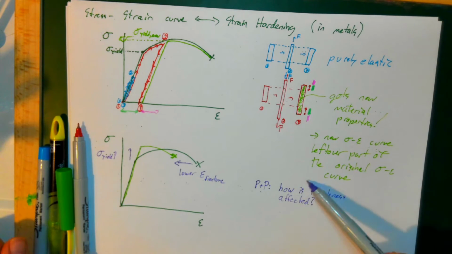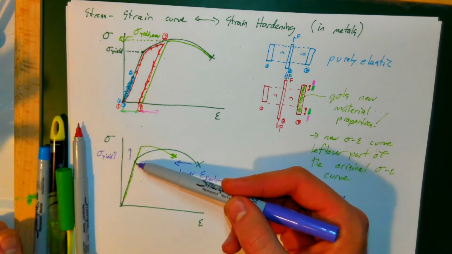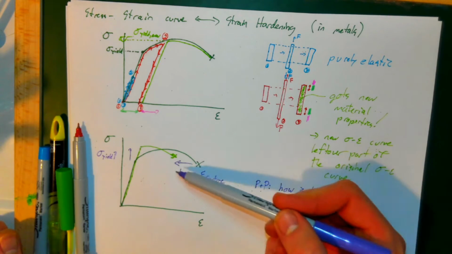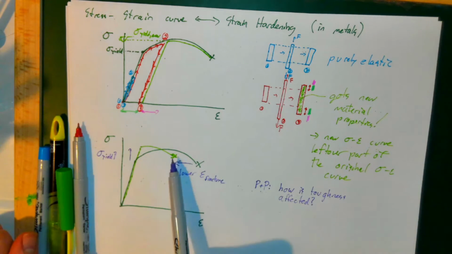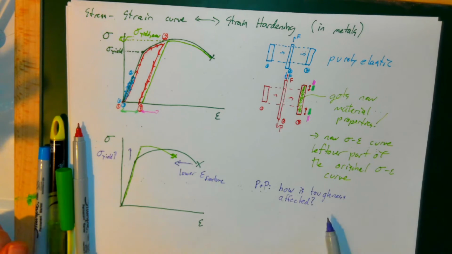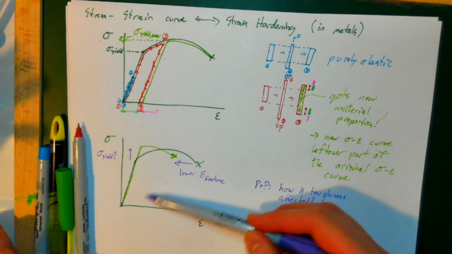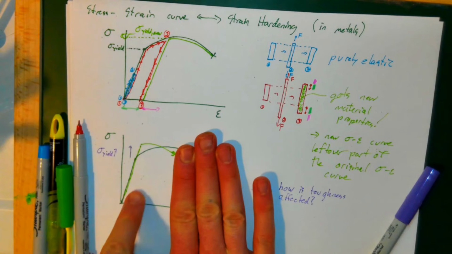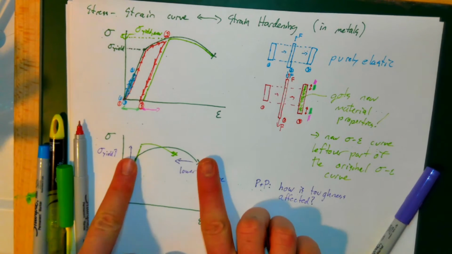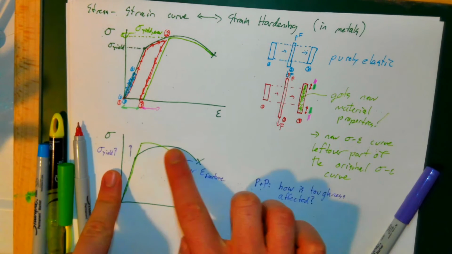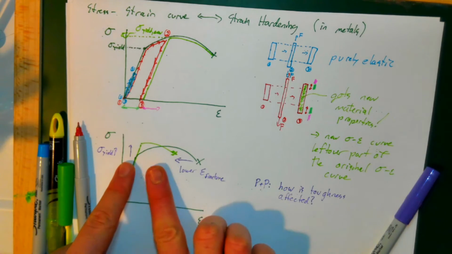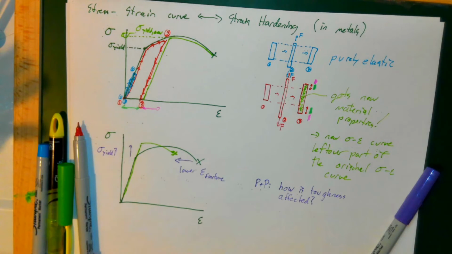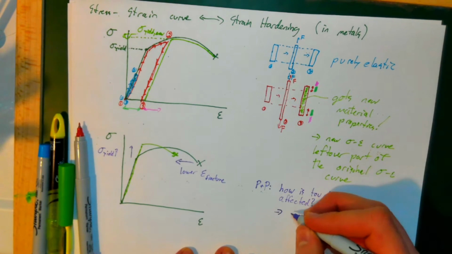Well, the key thing here is your yield strength is increased, but this reduction of the strain to fracture, again, remember, toughness is the area under the curve. So the area under the light green curve is basically this, but the area under the dark green curve is much larger. It's this whole region all the way out to here. So typically toughness is reduced.